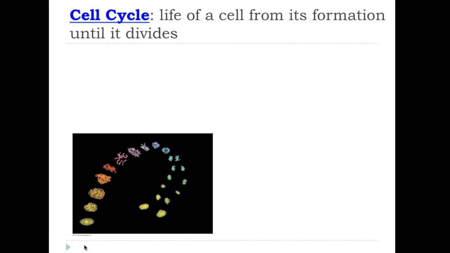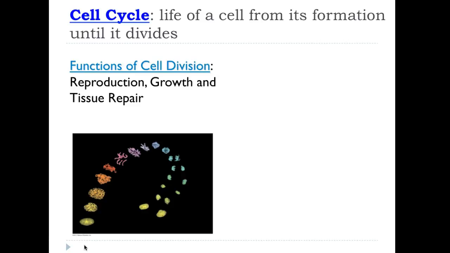Ultimately, the cell cycle is the life of a cell from its formation until it is going to divide. Functions of cell division are for reproduction, for growth, and for tissue repair. Some organisms will carry out cell division and use that for reproduction, like bacteria cells.